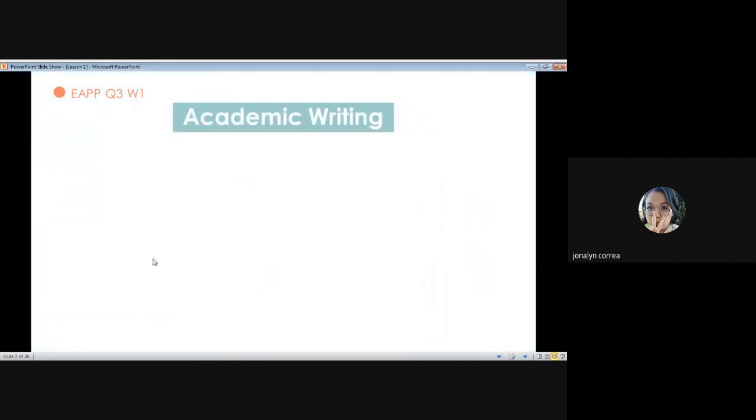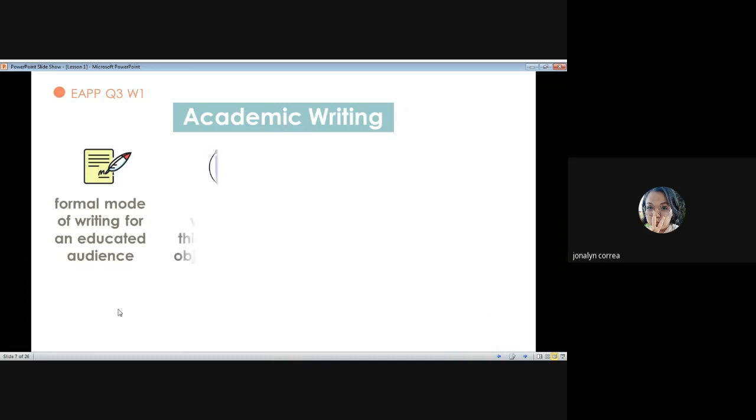Academic writing is a formal mode of writing, and it is intended to educate the audience. Academic writings are generally written in a third person or objective voice.